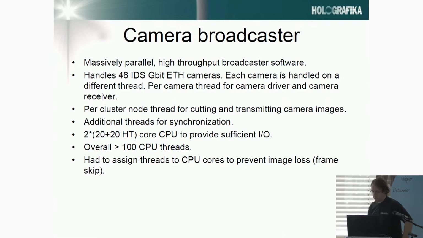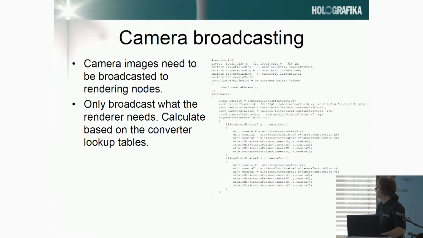Okay, why is this important? Because we have a camera broadcaster software, which is massively parallel. As you can imagine, we handle all the cameras in parallel. We have a few additional threads for synchronization, and then we cut all the data that is necessary for a single renderer to work, and transmit it over the 40 gigabit Ethernet to our render cluster, and then we render the images.